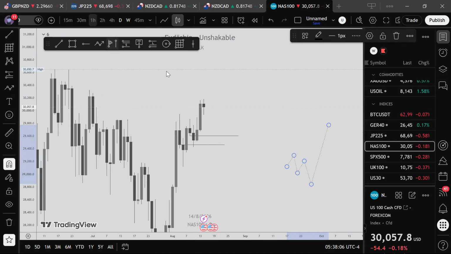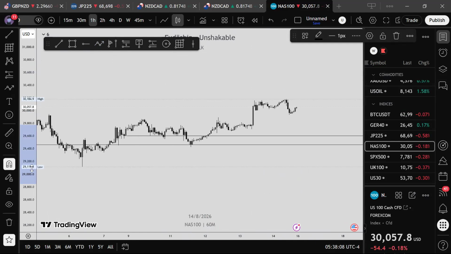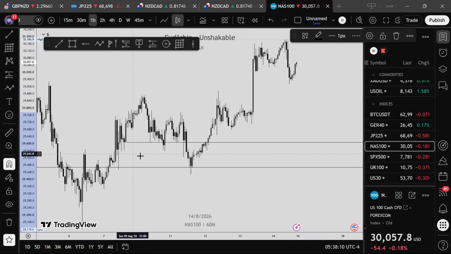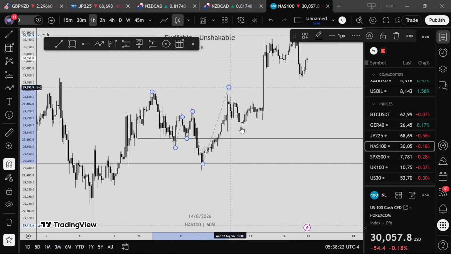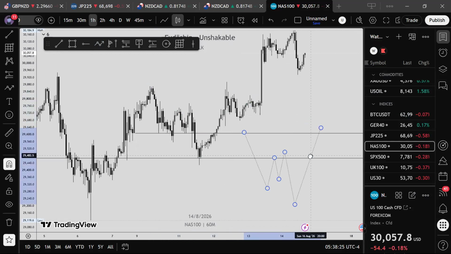By the time you come down to the 1 hour, you see that this is advanced market structure. Price created a high, gave us liquidity, in fact double liquidity, but just tag them as one, and gave us a break of structure to the upside. That's advanced market structure.